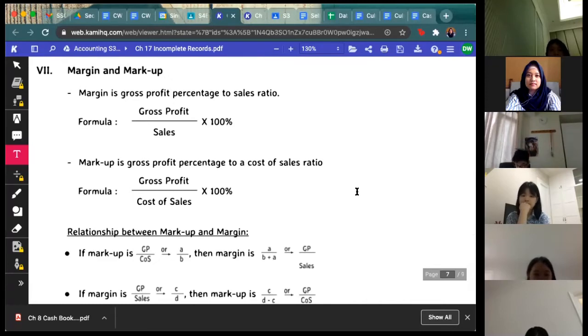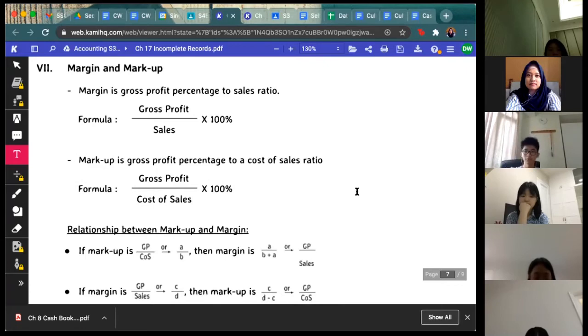From gross profit until below, it is called profit and loss. But from sales until gross profit, it is called trading account. Now margin and markup deal in the trading part. Now let's study what is markup and margin.